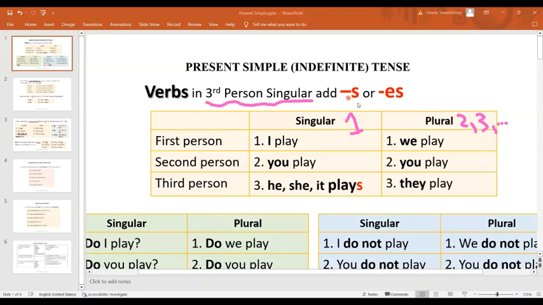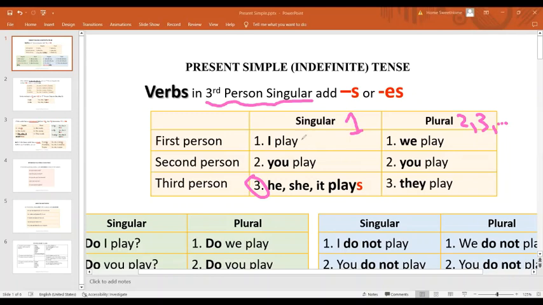Okay, so let's look now at the suffix s or es. It means the same, but we'll talk about this later, why we have s or es. Let's look at this simple verb, play. Play adds s at the end, only in third person singular.